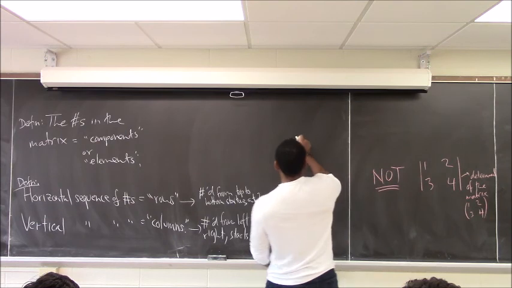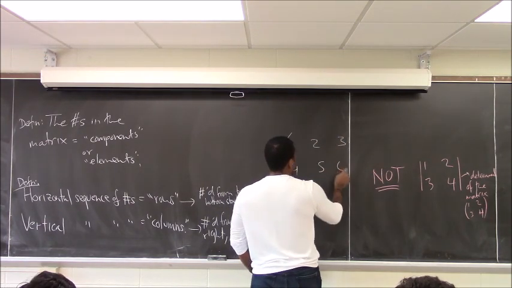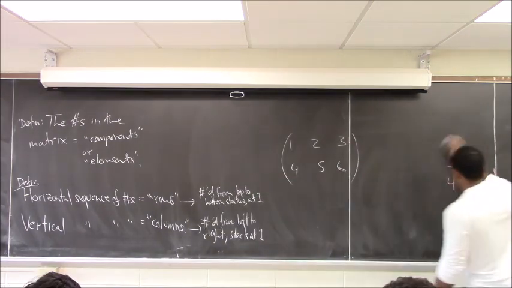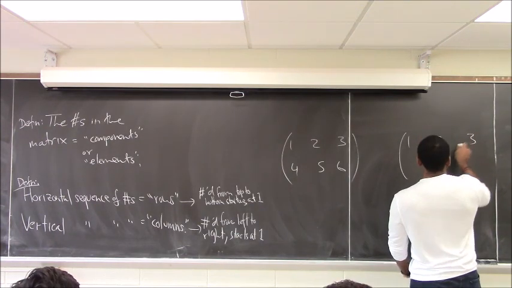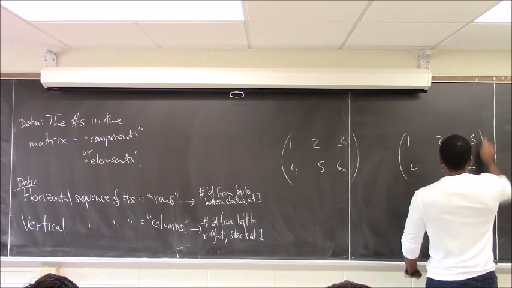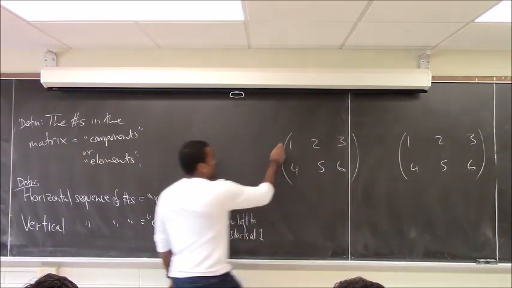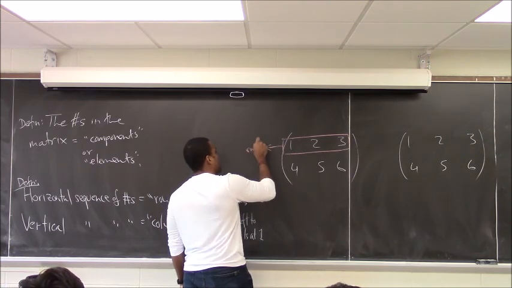So if I have the matrix 1, 2, 3, 4, 5, 6, then this here is row 1.